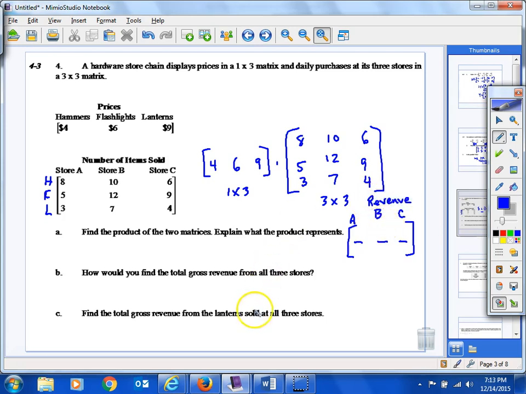Another word for revenue, or a phrase for revenue, is how much money did they take in? They only sold 3 items. How much did they make from the sale of those 3 items?